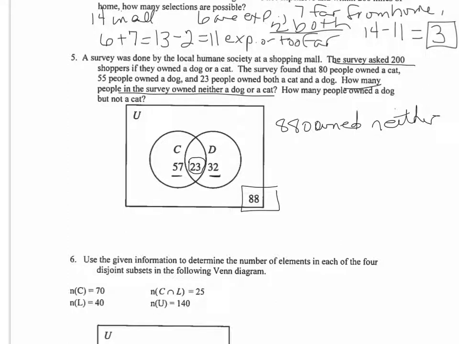Now, the second question is, how many people owned a dog but not a cat? Well, that would have to be everybody that's in the D circle but is not in the overlap where the D and the C cross over. And that would have to be 32 that owned just a dog. So if you're given the diagram along with the information, that's pretty simple to figure out.